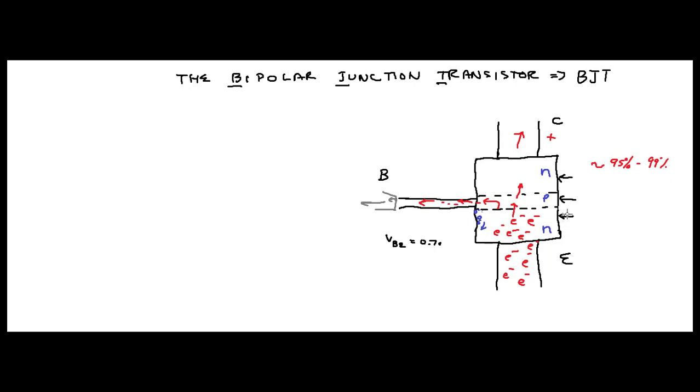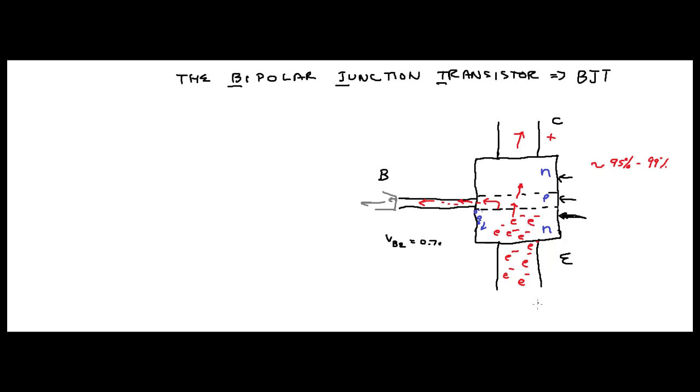So right here is where I'm talking about. Your emitter region right here, that's very highly doped. There are a lot of electrons there. So it's a large density of conduction band free electrons available in this region, right?